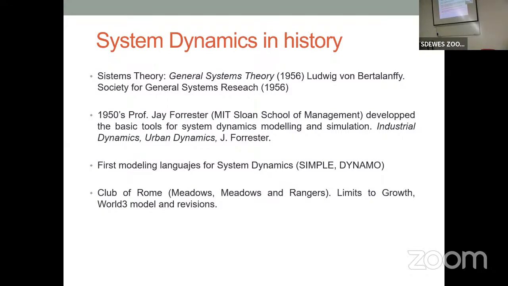And he wrote several relevant books: Industrial Dynamics, Urban Dynamics, and maybe the most well-known work of Jay Forrester, with also Meadows and Randers, was The Limits to Growth and the World3 model.